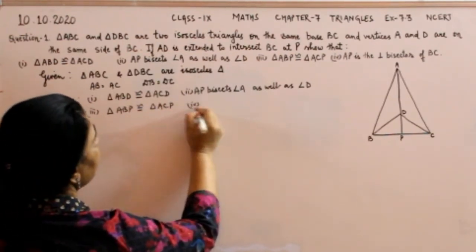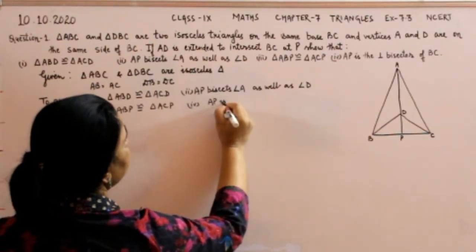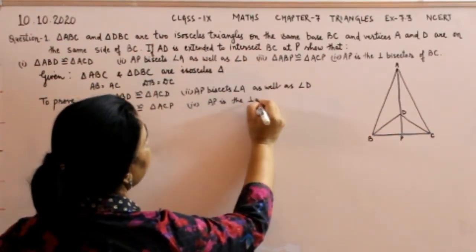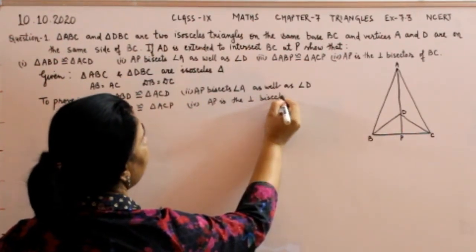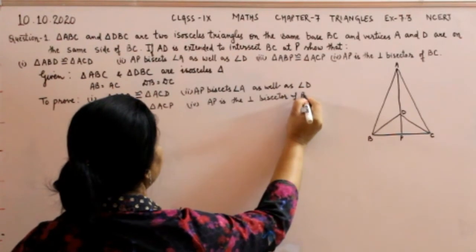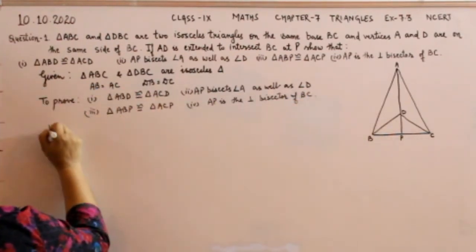And fourth, AP is the perpendicular bisector of BC. Okay, now proof.